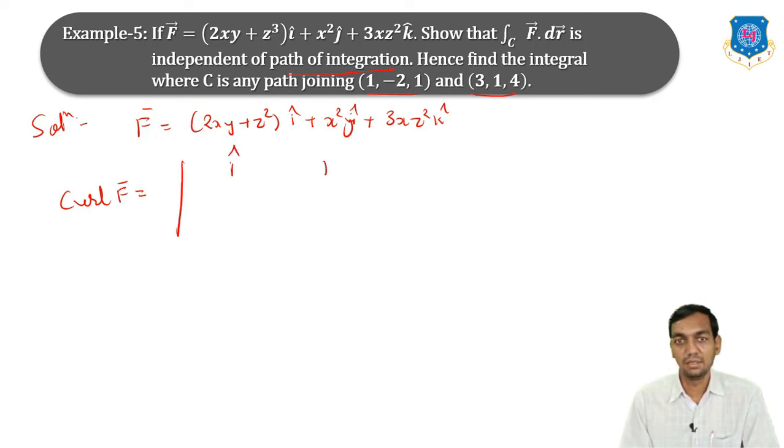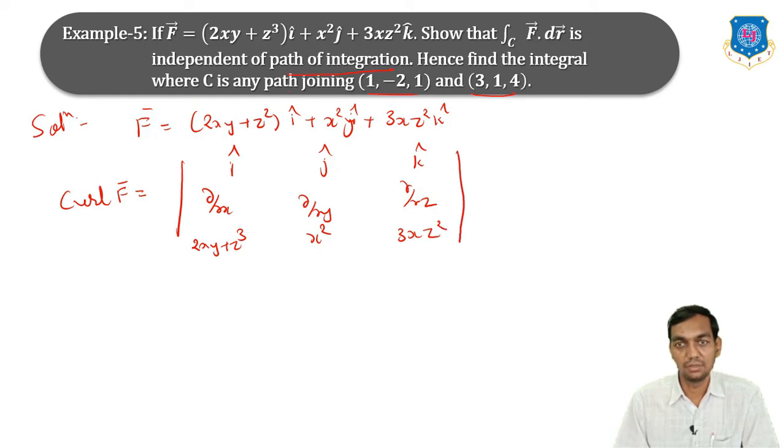So i, j, k, del by del x, del by del y, del by del z, 2xy plus z cube, x square, 3xz square.